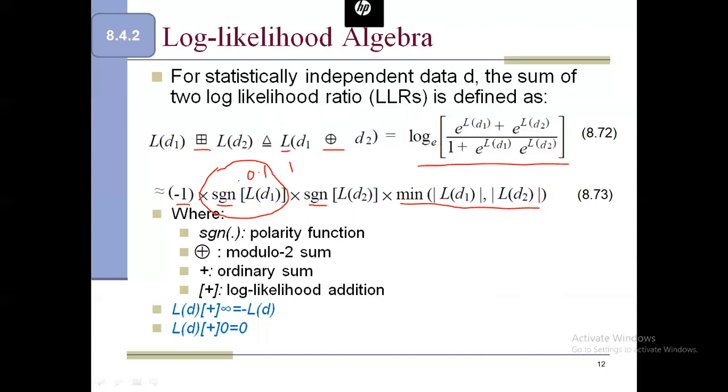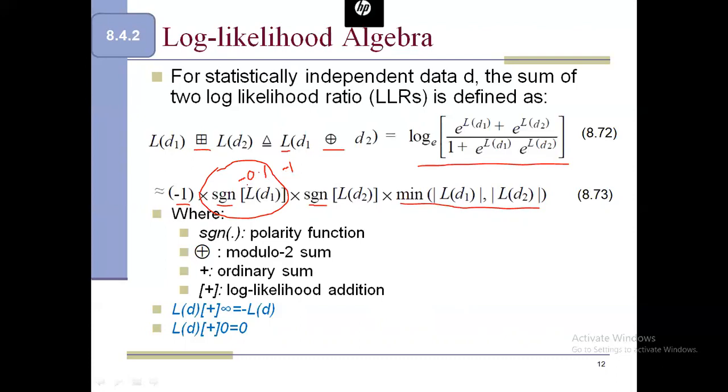And if it is minus 0.1, that means it is less than 0. So the output of this function will be minus 1. Any value which is less than 0 generates minus 1.